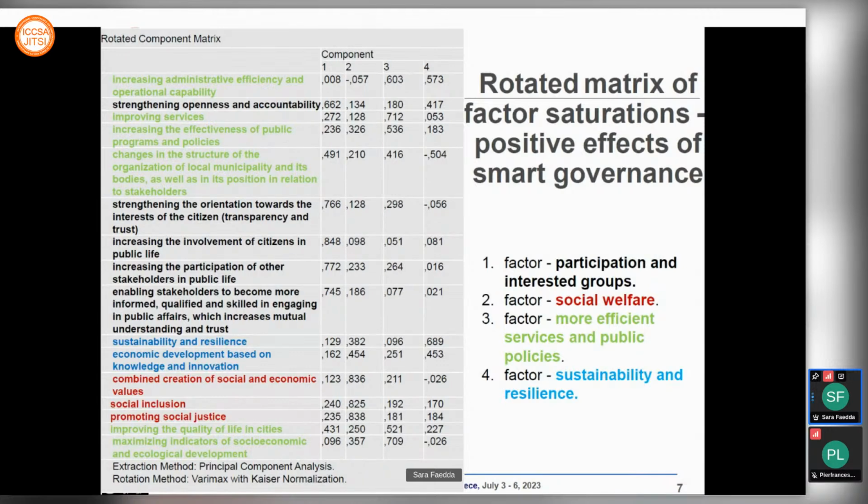The second, social welfare, is oriented on providing higher added social and economic value, social inclusion, social justice. The third was more effective services and public policies. So it should contribute, as I said, to changes in organizational structure, in processes, in effectiveness of policy decisions. And the last one, sustainability and resilience.